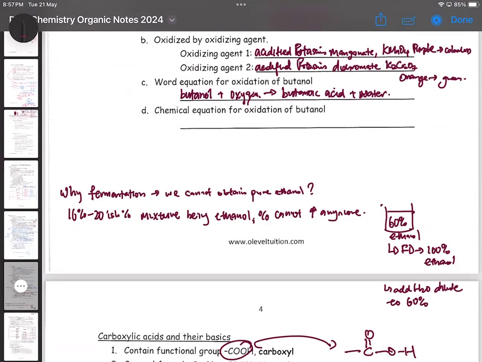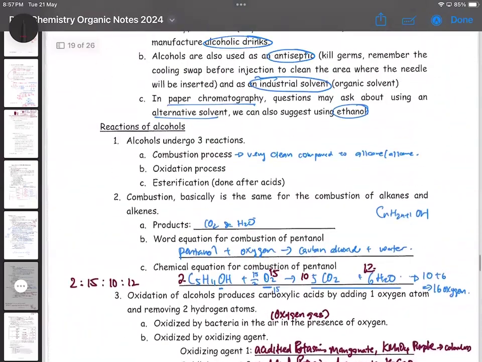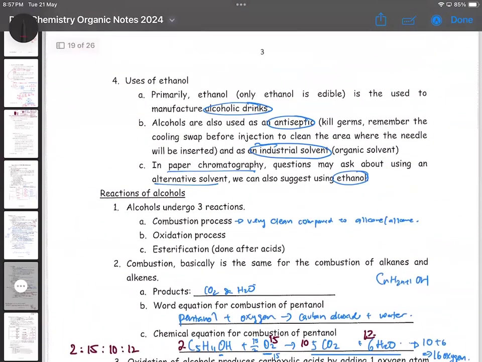Okay, so the idea is that we cannot get pure ethanol during fermentation. So my question for you is why? Your answer all lies with the uses above. Normally uses are not important, but I include it because of this particular question.